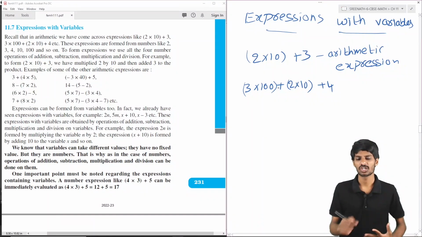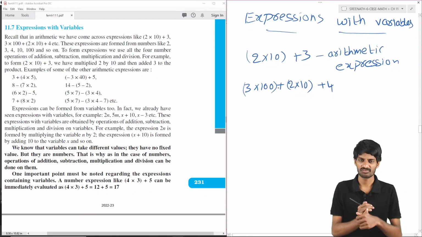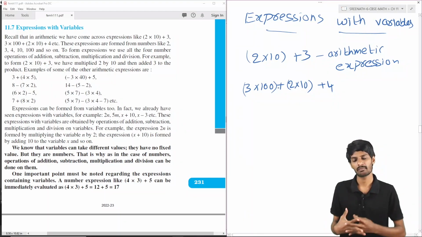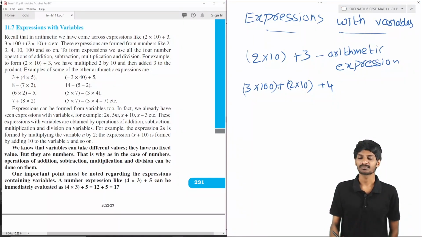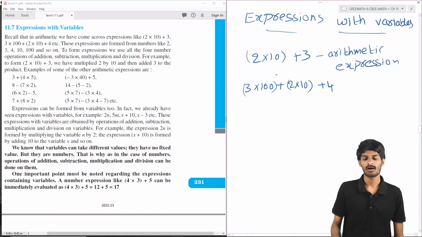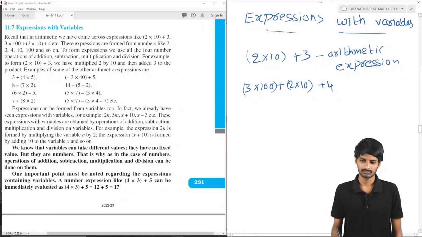There is addition, subtraction, multiplication, division, and numbers are attached with those. Some of our arithmetic expressions are 3 plus 4 into 5, 8 minus 7 into 2. So there are arithmetic operations between those numbers.